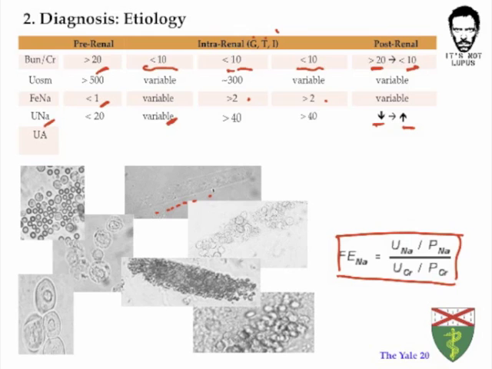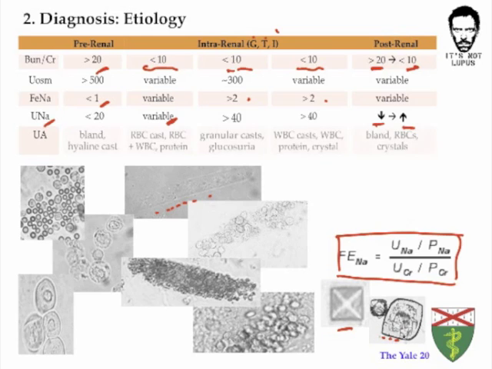Then we can move on to some of these white blood cell casts, which are rare and can be indicative of inflammation or interstitial disease like pyelonephritis or AIN. Crystals are another thing we can see, as illustrated by these calcium oxalate crystals and uric acid crystals here.